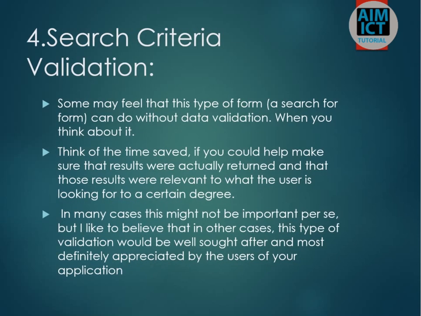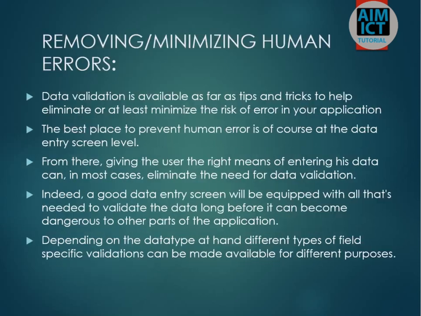What is the reason for doing data validation? The question comes to you. As you know, first of all, data validation is for removing or minimizing human errors. That's why we are doing data validation, to remove error within the system.